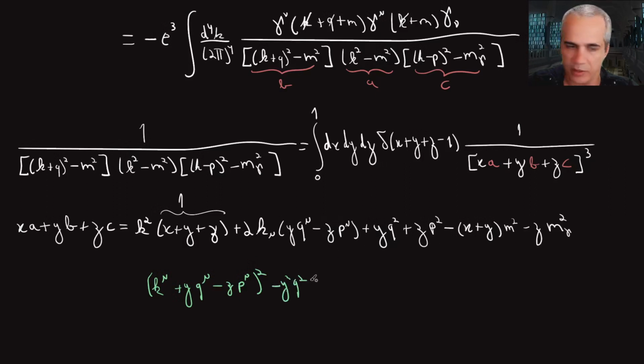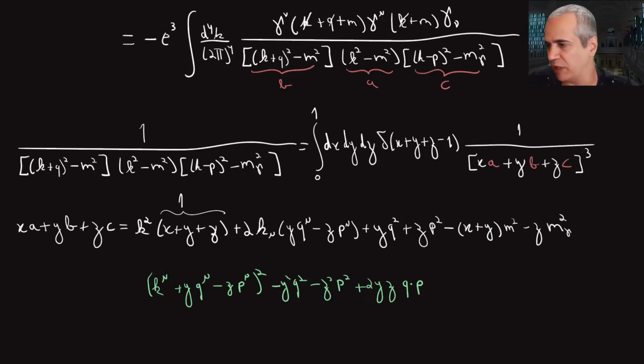Neither is z squared p squared. And neither is another cross term between these two, which is plus 2 y z q scalar p. So these three terms I need to subtract, but that expression is the same as the one here.